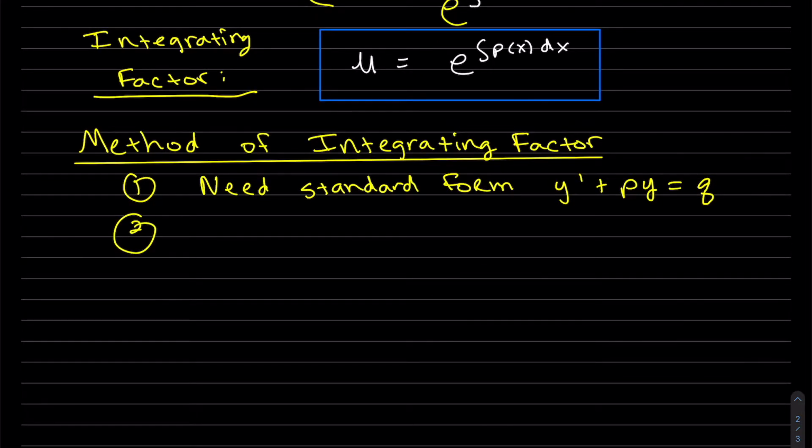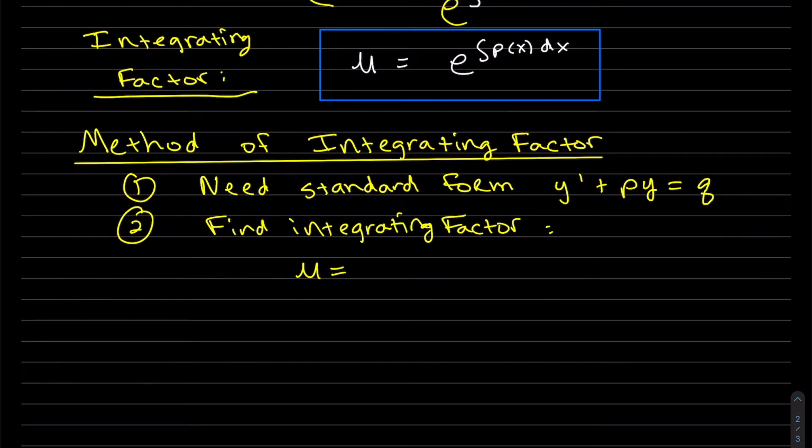Second step, we want to find the integrating factor. And we worked that out up there. So mu equals e to the integral of p of x dx. Once we've found our integrating factor, we multiply both sides of our DE by our integrating factor.